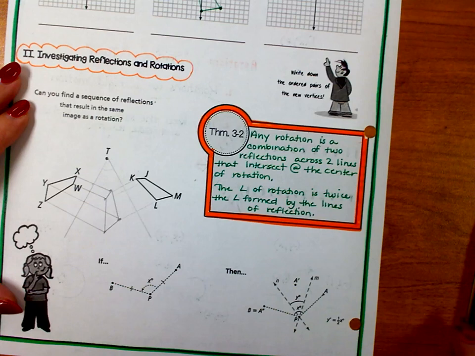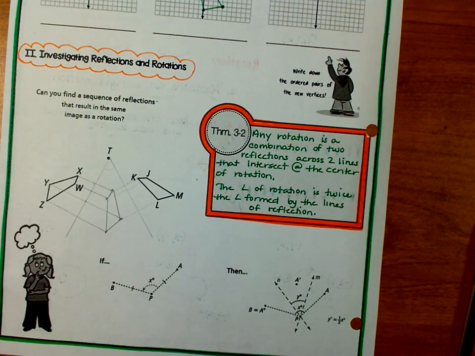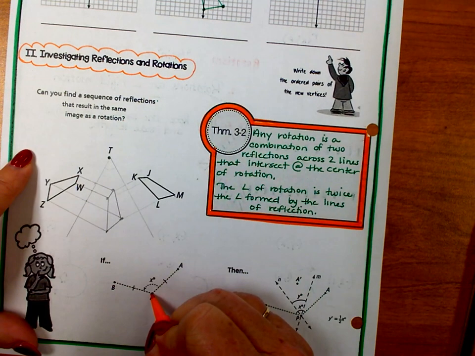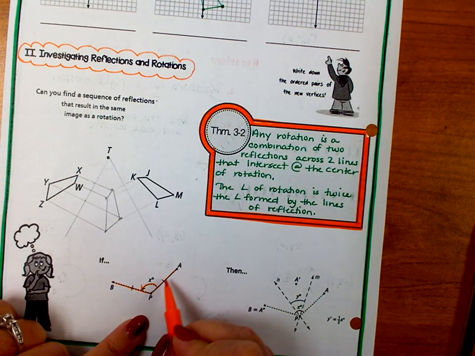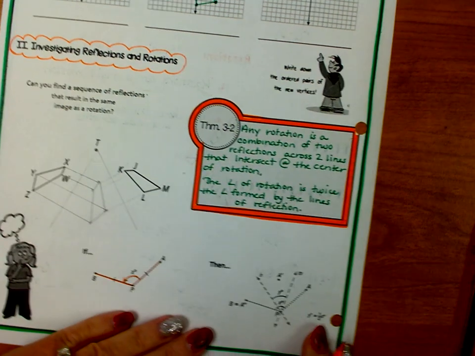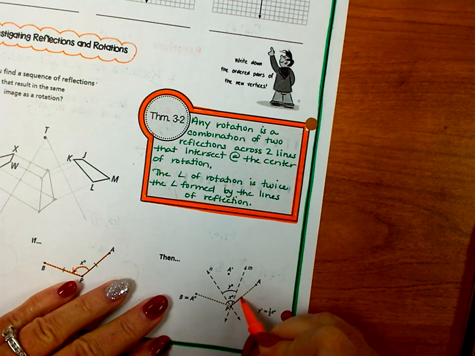Or if you want to look down here, we've got an angle of rotation right here from A to B around point P. Okay, this is X number of degrees from here to here. And then looking at this one, that same rotation would be right here.